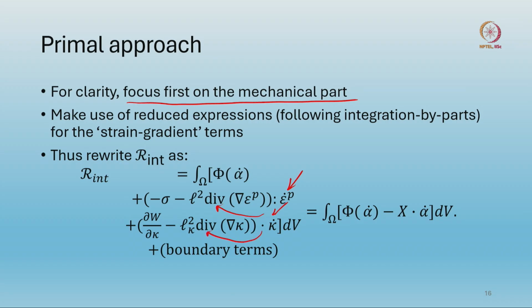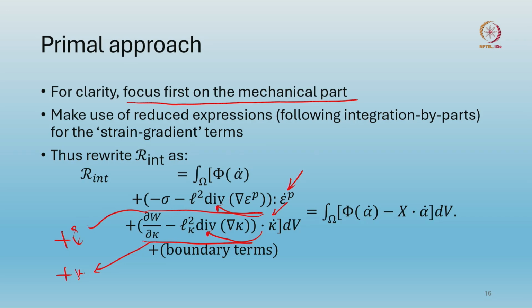If you recall from the last lecture, these were the expressions for the two thermodynamic forces conjugate respectively to epsilon P dot and kappa dot. This force was called X epsilon P and this force was called X kappa. Remember, these are conjugate to epsilon P dot and kappa dot respectively.